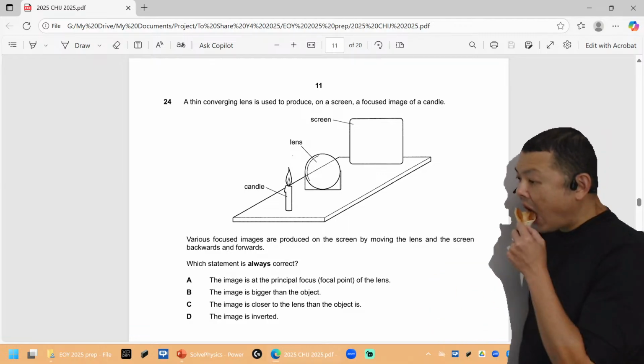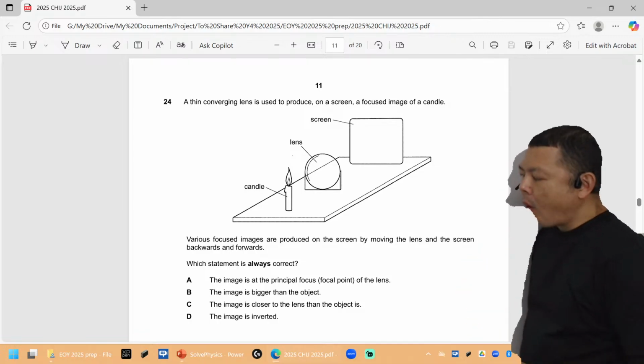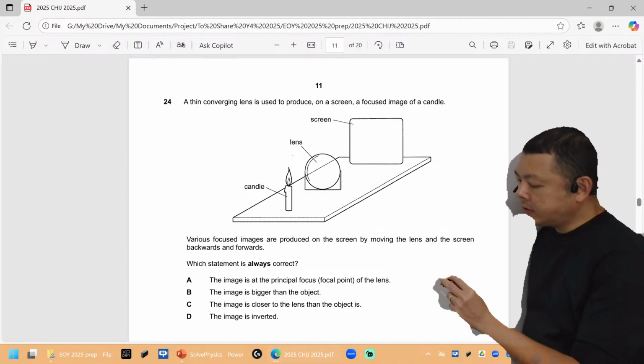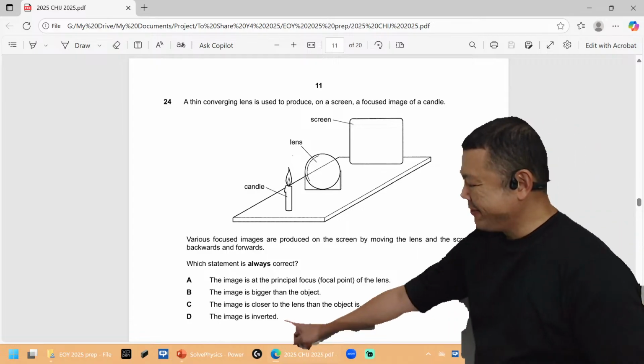What's the answer for this? Answer is D.